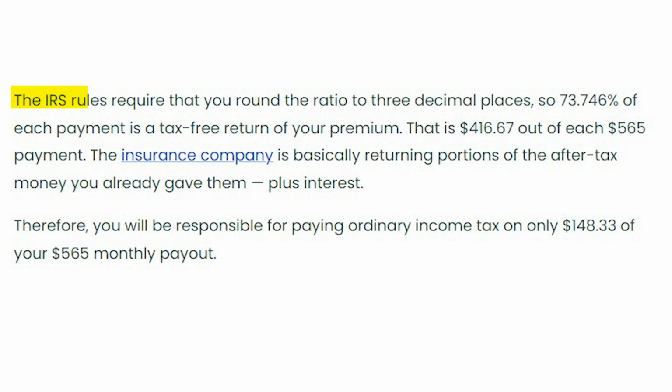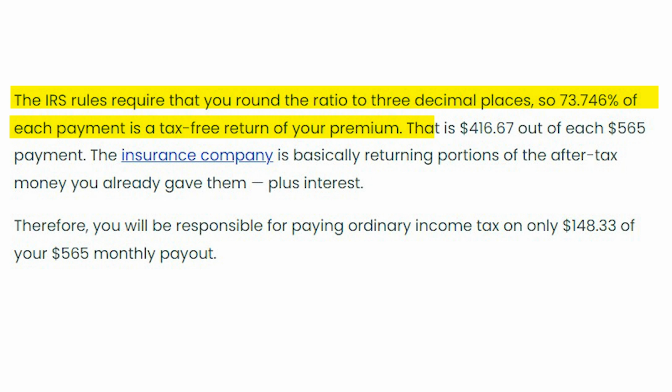The IRS rules require that you round this ratio to 3 decimal places. So 73.746% of each payment is a tax-free return of your premium. So that's roughly $416.67 that is going to be completely tax-free. The remaining part of that, of course, will be taxed.